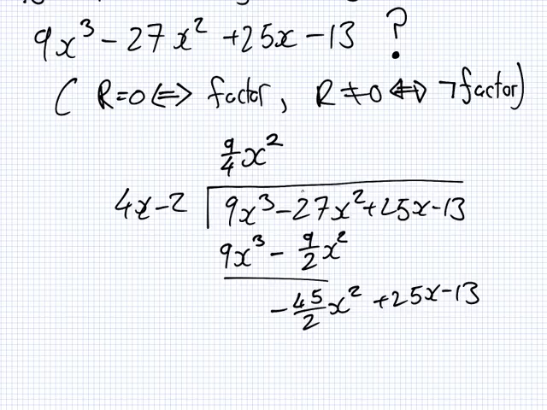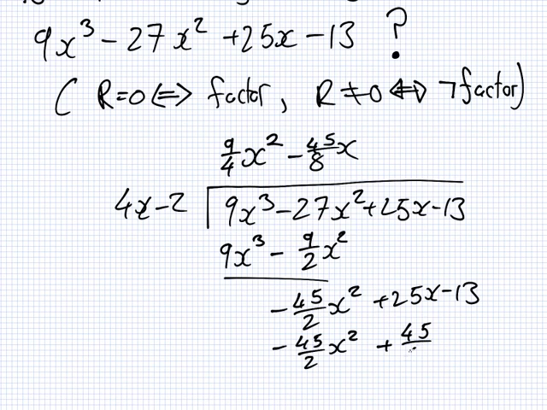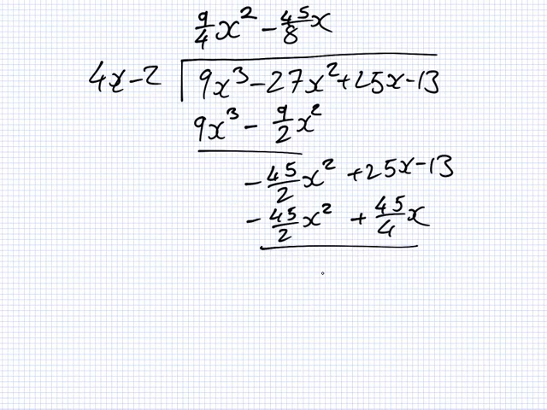Okay, what's next? Minus 45 over 8. Yep. The next one is minus 45 over 8 x, and this will make minus 45 over 2 x squared, plus 45 over 4 x. Subtract now. We have 55 over 4 x minus 13.